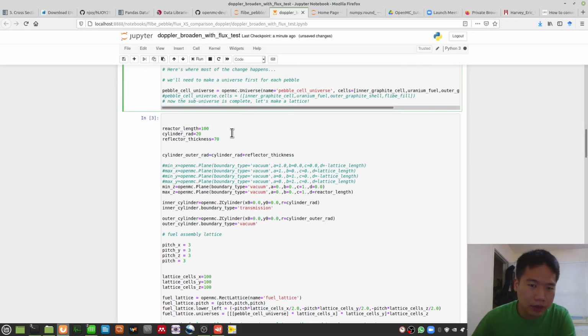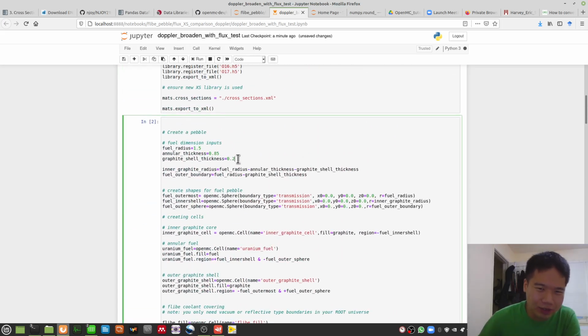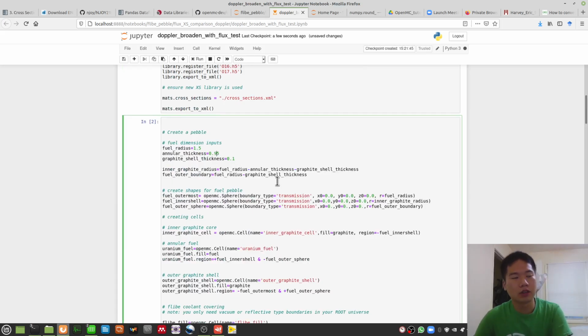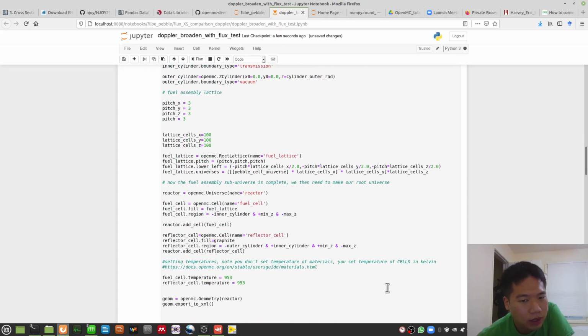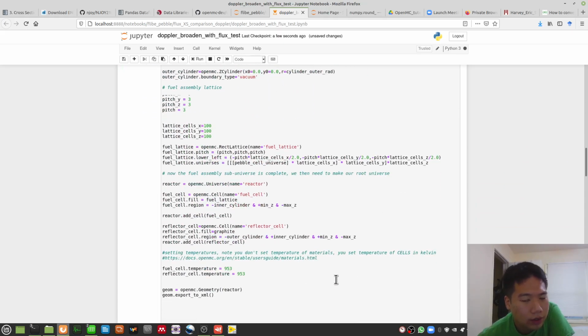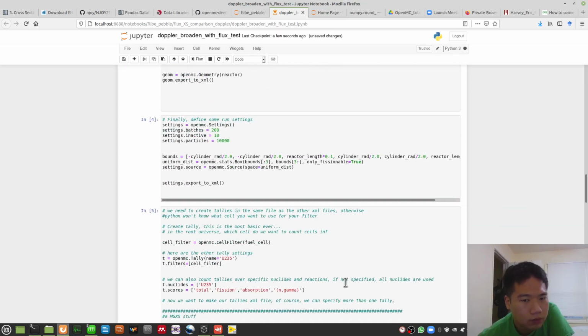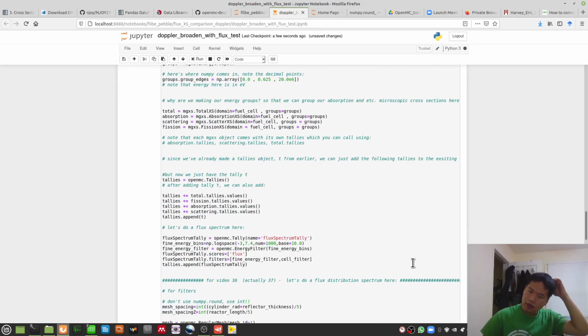I'm gonna change it back to the original. I don't want to mess around too much with this. I mean, you can go and play around with the file to see what you can do. So the way to play with it, I guess, is not to play around with the fuel dimensions, but really to have a second graphite reflector in the middle of the core to act as a moderator.